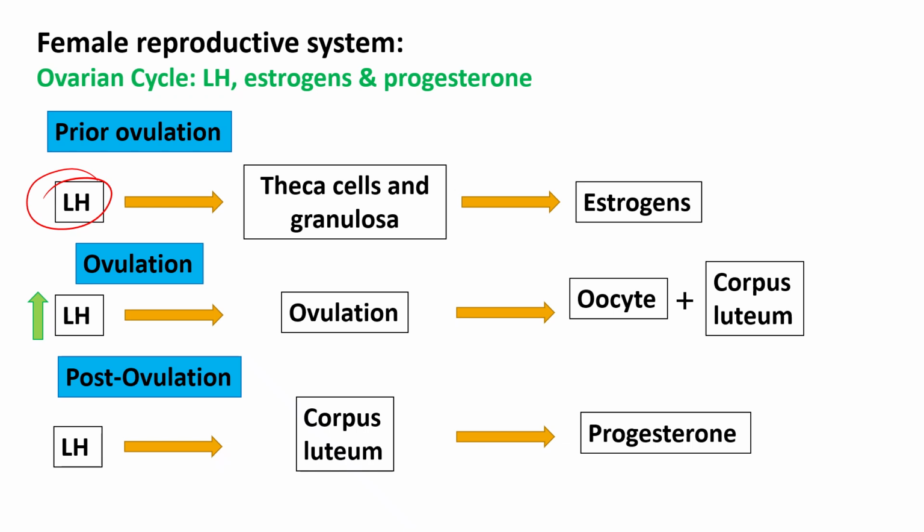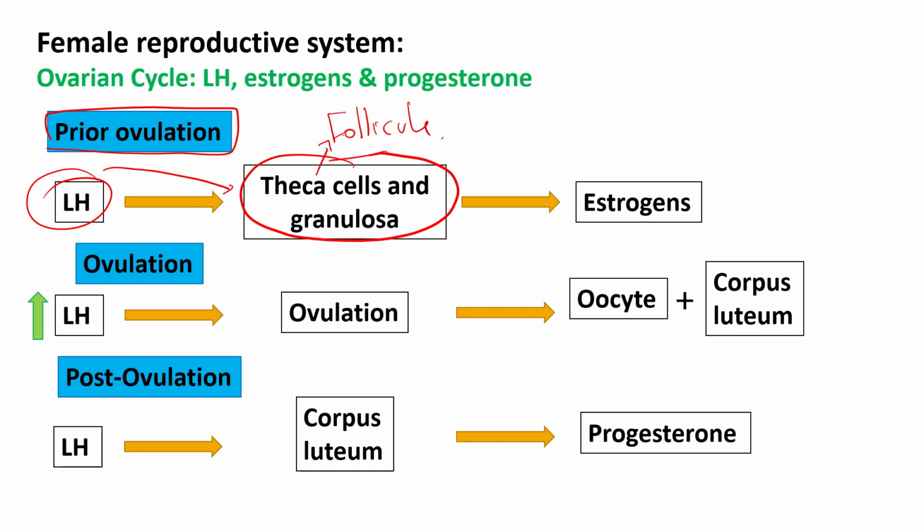Prior to ovulation, remember that FSH and LH are the hormones that stimulate the growth and maturation of the theca and granulosa cells. Those are the cells that form the follicle. Now, as the follicle grows from secondary to tertiary, these theca cells produce primarily estrogen, and the levels of estrogen start increasing.